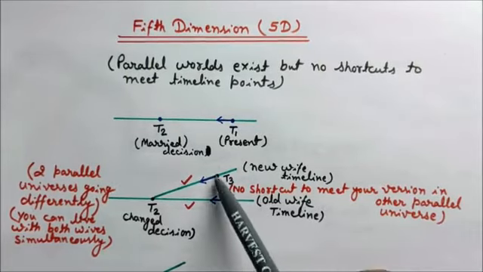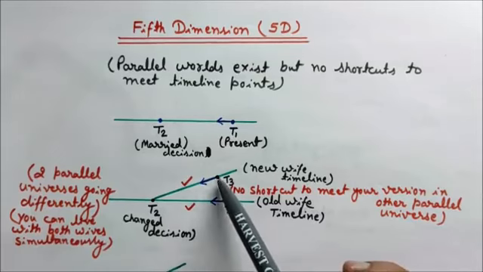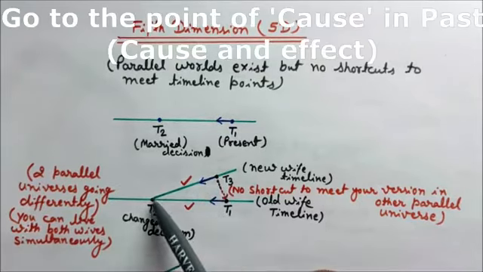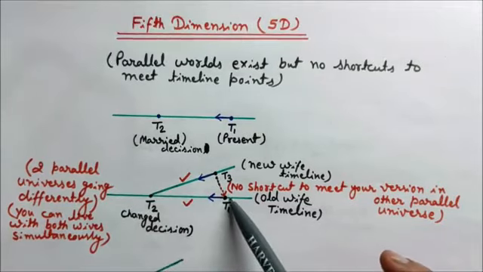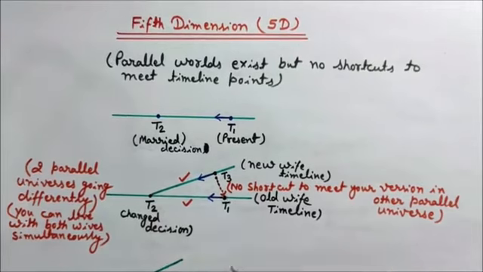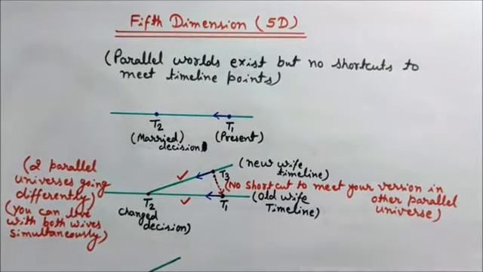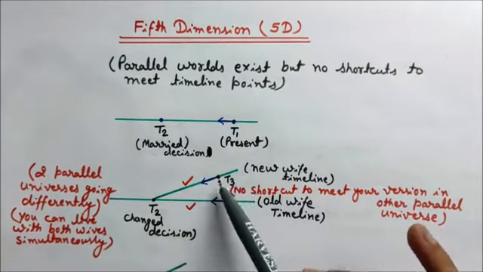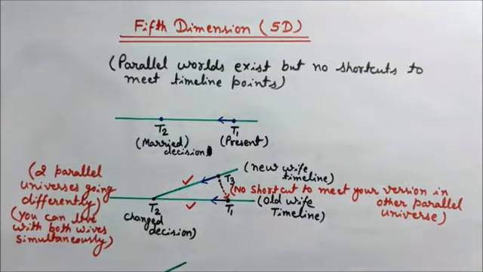There is no shortcut. Suppose this man who married the new wife wants to meet the other. What he can do is go back in time to t2, where the decision was made. Then on this timeline, it is possible for him to meet his other self. He can see himself with the old wife, and both of these versions can meet each other. So now we understand the basic limitation: you cannot meet your other self directly in this fifth dimensional universe.